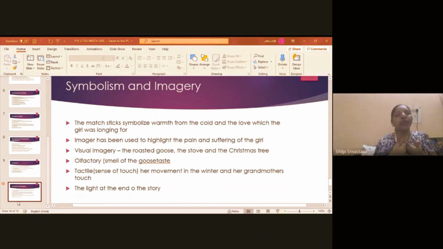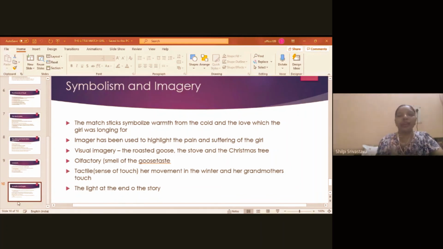They want the audience to see that love is a very lovely feeling. Love is something which takes you on another plane altogether, and everything seems to be very beautiful around you when you are in love with somebody. So this is how the author has used imagery.